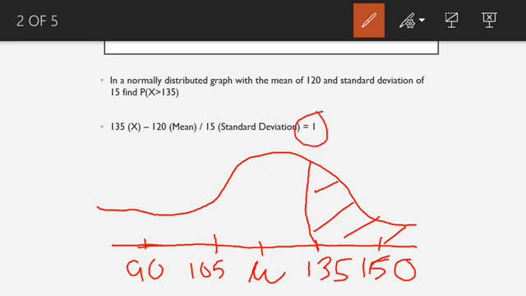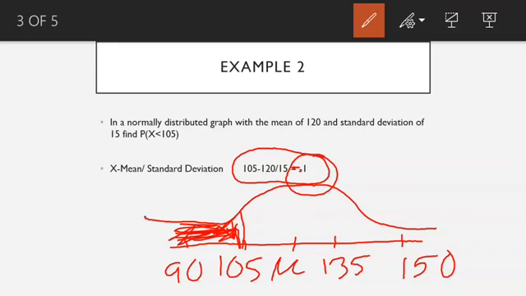So we just have to look up 1 on the z table, and that will be the area under this part. In this example, we are looking at the probability that x is less than 105. Since this is the value of 105, we are shading the left part. And this will be the area with a value of -1.